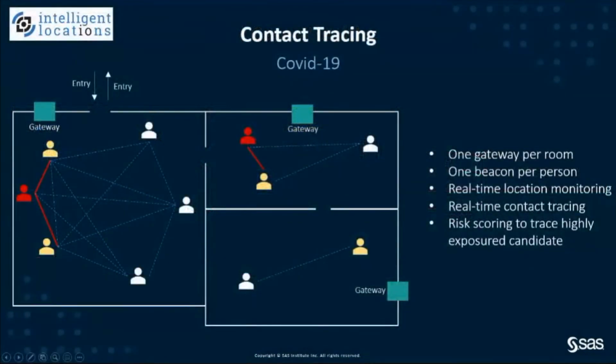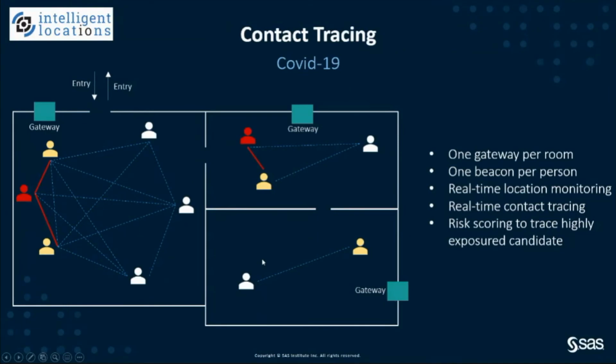So here in the COVID case, if a person is entering the hospital, we have these gateways, and each person will get a device, a wearable badge, that will always communicate with the gateway and provide its location, and also its proximity to the other people in the same room, or if the person is moving from one room to another, its proximity to the other people.